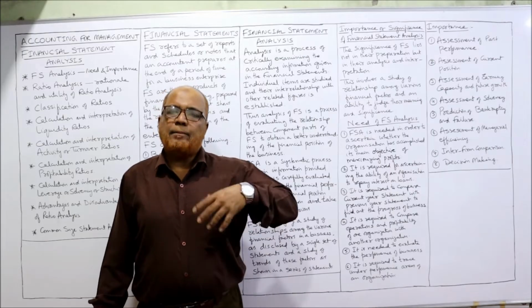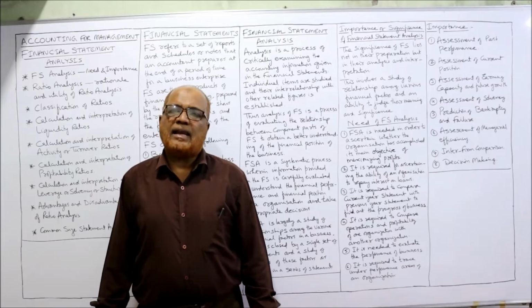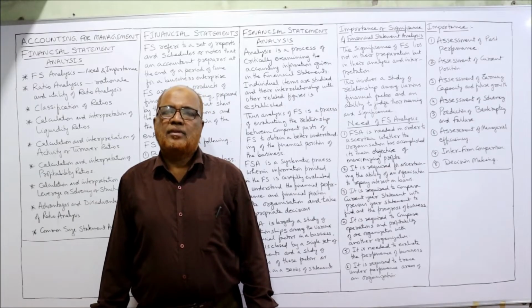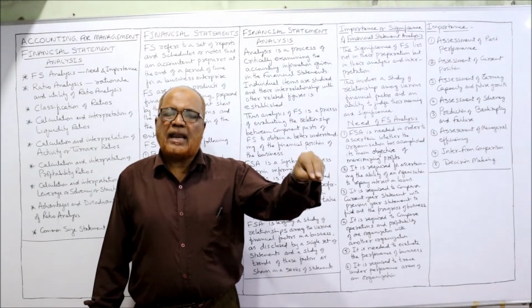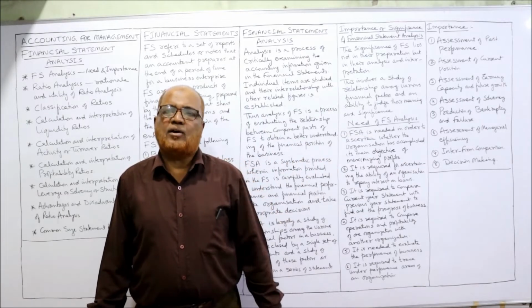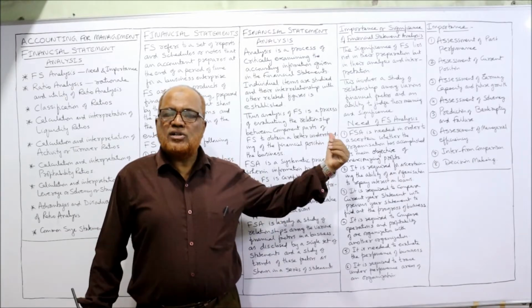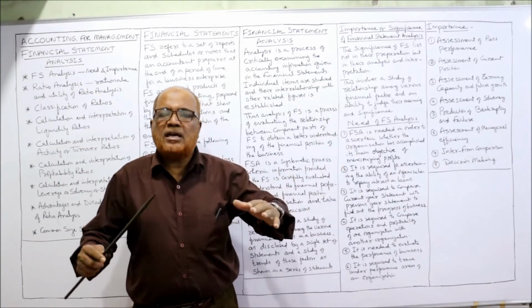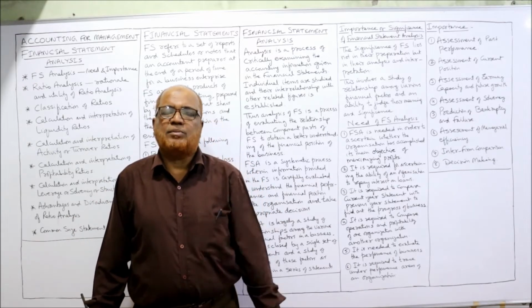If I say I'm getting 5 lakh rupees of profit on 25 lakh rupees of investment, it makes some sense. That means after making 25 lakh rupees of investment, I am getting 5 lakh rupees of profit. We are making a relationship. So financial statement analysis means making a relationship between different figures in the financial statements.